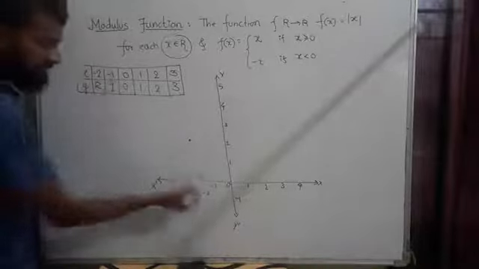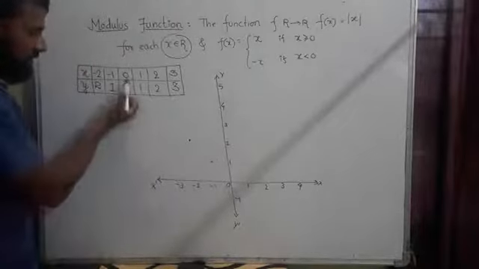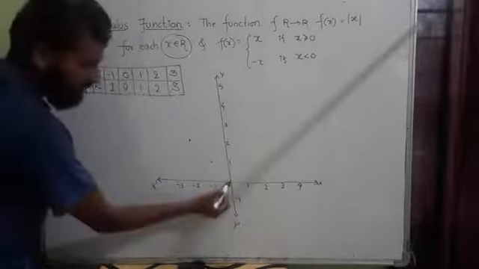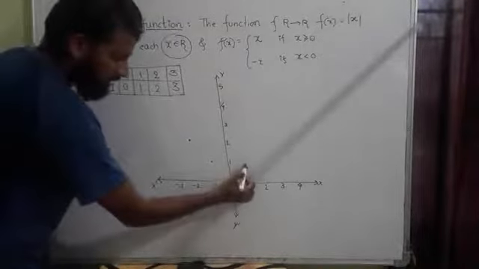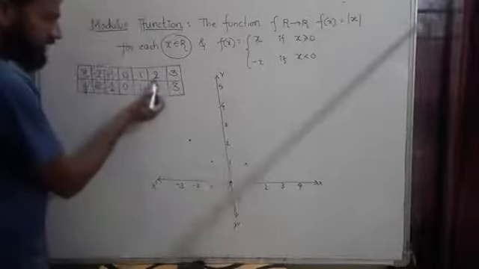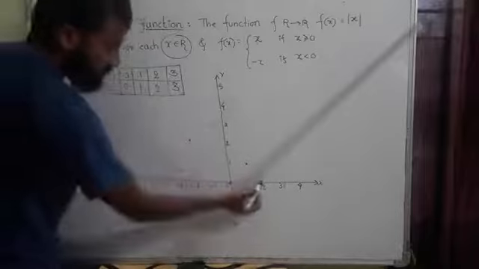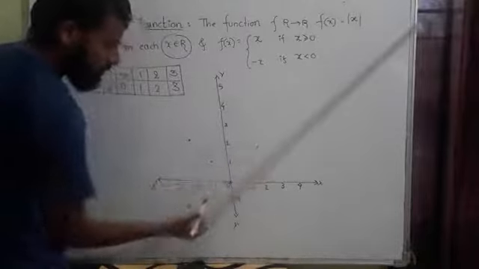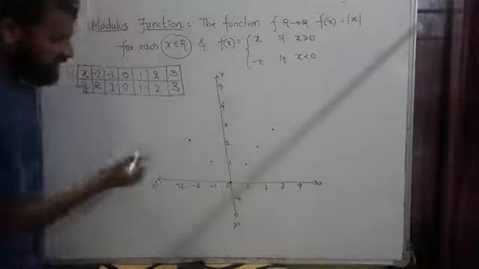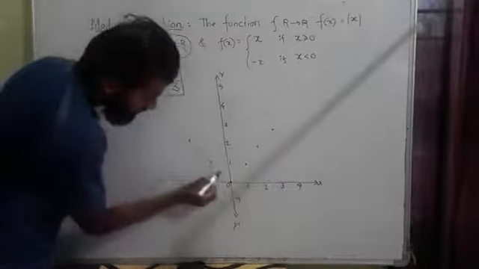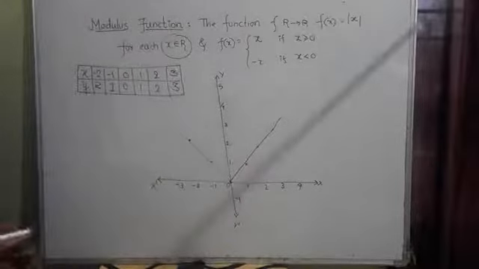If I take x as minus 1, y will be plus 1. If I take x as 0, y will be 0. If I take x as 1, y will be 1. If I take x as 2, y will be 2. If I take x as 3, y will be 3, somewhere here. And if I join all these points, I will get a curve which is a V curve.